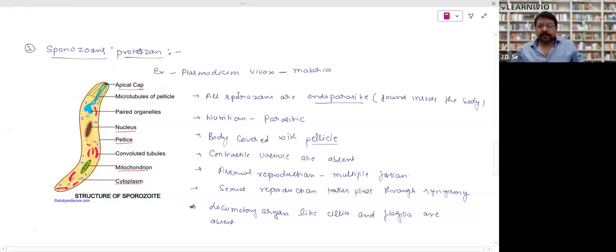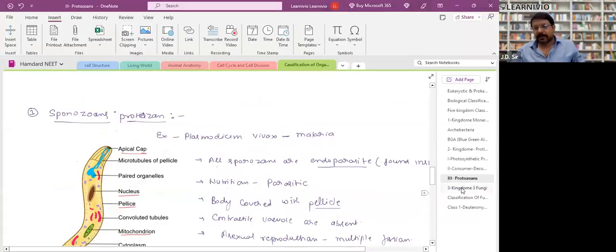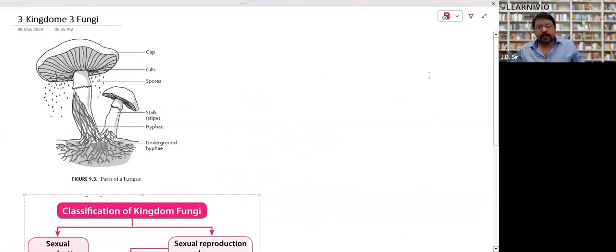So the next one is the fungi, right? I'll just give you an introduction, and in the next class I'll start with the fungi because we do not have too much time. So fungi, like this is a structure you must have seen in mushroom, but fungi is made up of small hair-like structures, right?